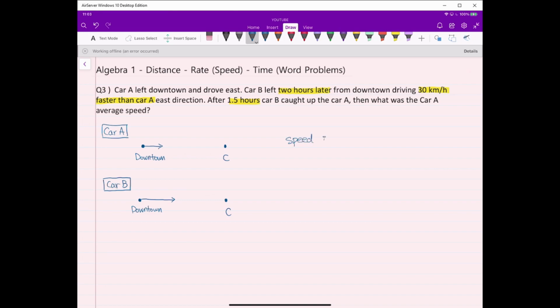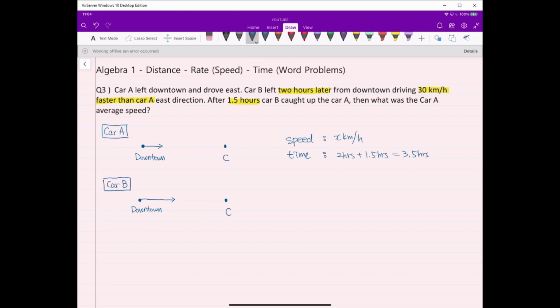Total drive time for car A is 2 hours plus 1.5 hours, which is 3.5 hours, until car B caught up at point C.